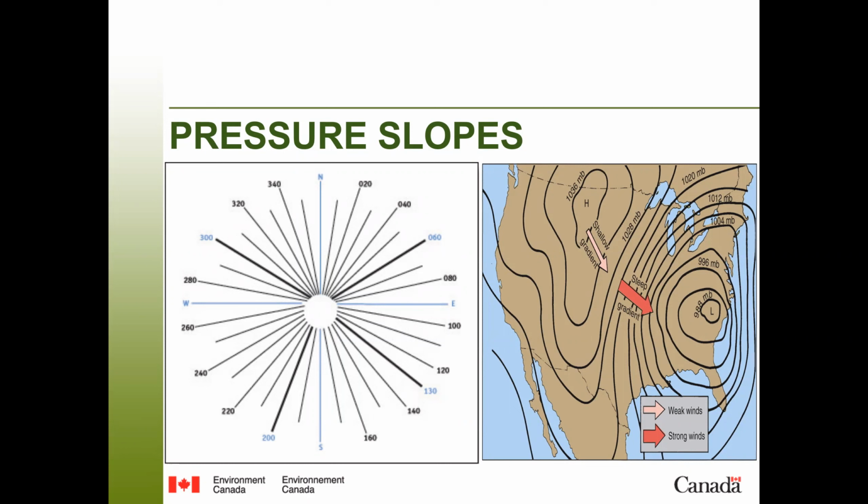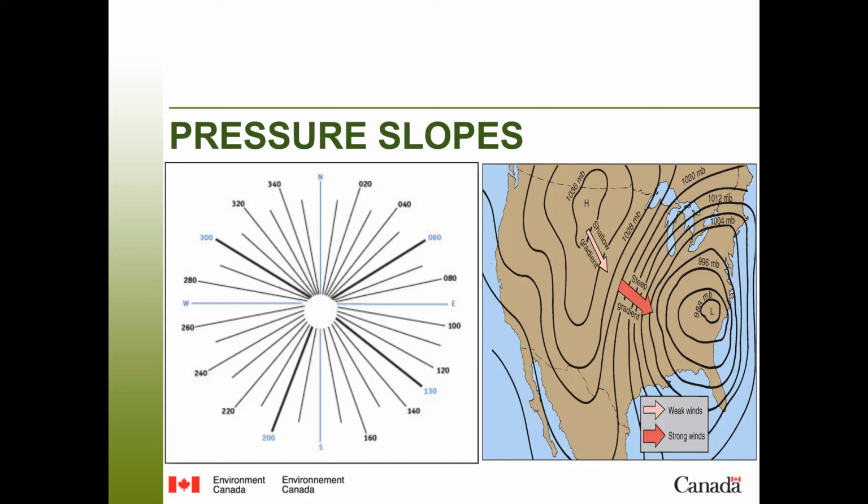So these pressure slopes are from Owen's books. Basically it's the idea that wind is driven from high to low pressure, as we've already talked about. But on the south coast of BC, there are particular pressure slope regimes that are more dominant than most.